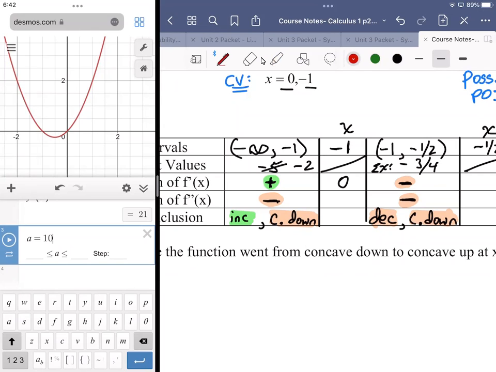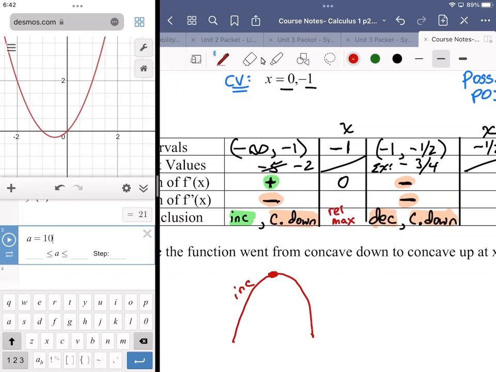That change goes from increasing to decreasing. So whatever that point is, that transitions from increasing to decreasing, must be a relative max.